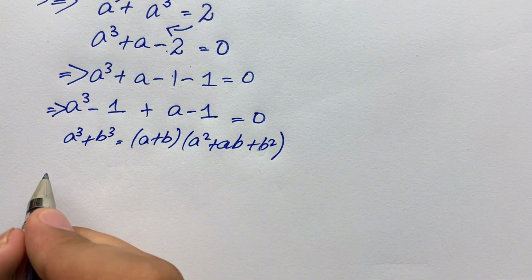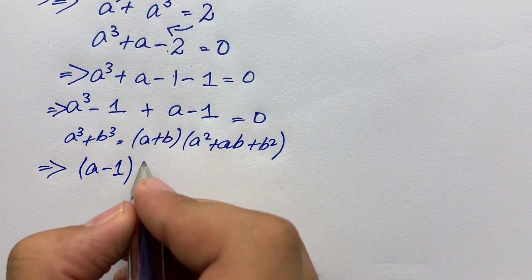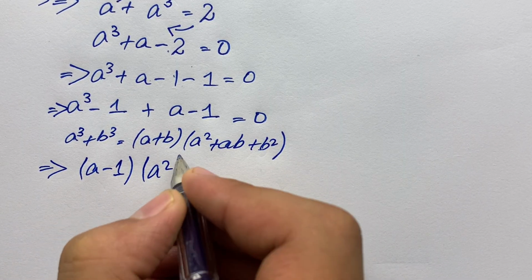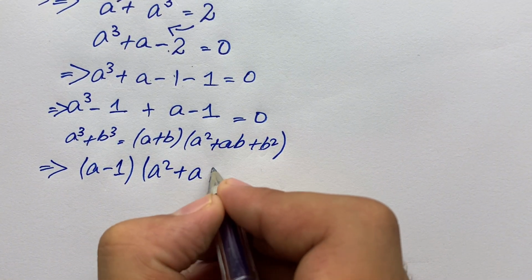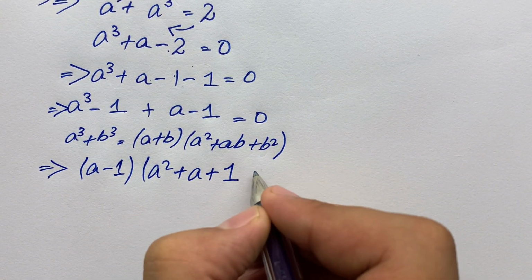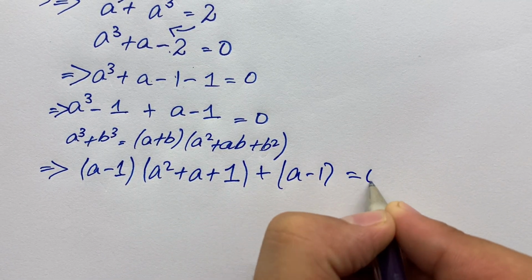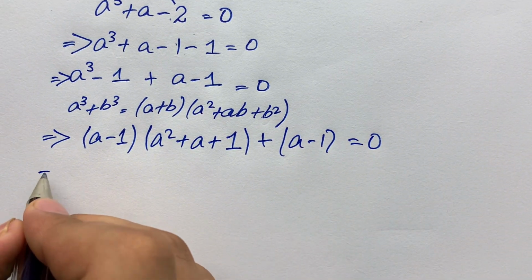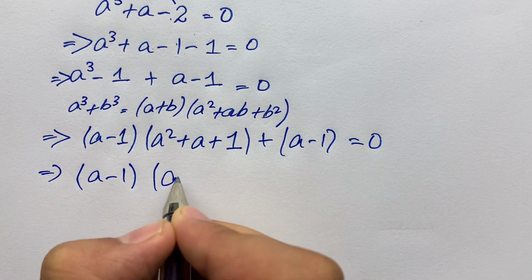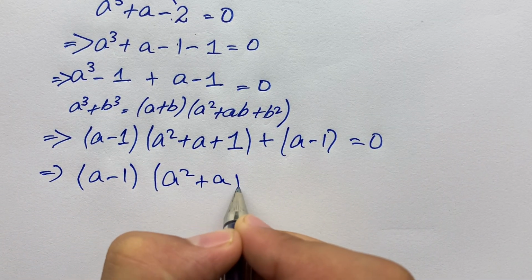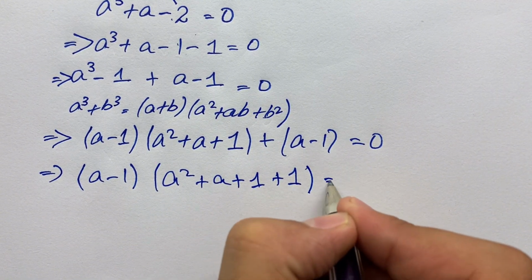Applying this formula we get a minus 1 into a square plus a plus 1, plus a minus 1 is equal to 0. So a minus 1 into a square plus a plus 1 plus 1 is equal to 0.